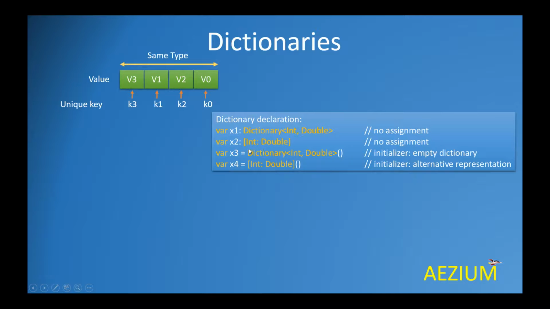In this format, we declare and at the same time assign an empty dictionary to x3. There is no assignment up here, but here by default we assign an empty dictionary. And this is the shorthand version of the format shown above. Also note that in the case of declaration alone we use colon here, whereas in the cases where we're using initializers, we use the equal sign here.